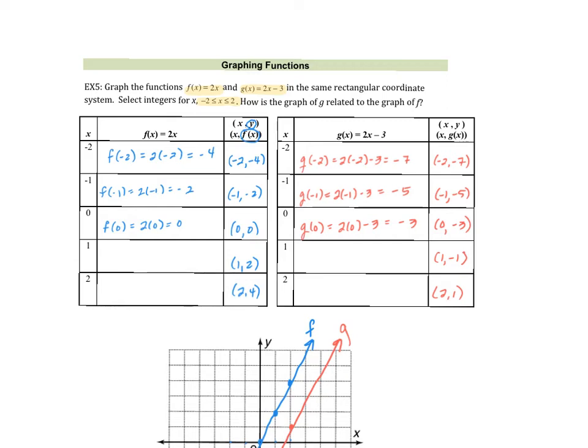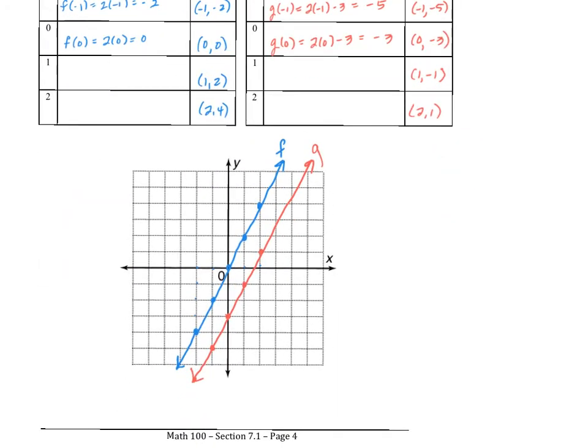We were told which integers to select for x. And then we're also asked the following. How is the graph of G related to the graph of F? How they're related is they're parallel. So G and F are parallel.